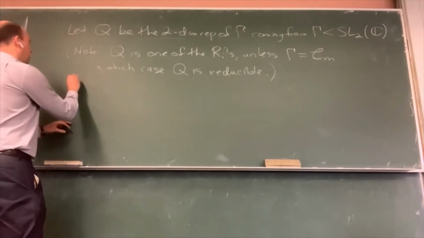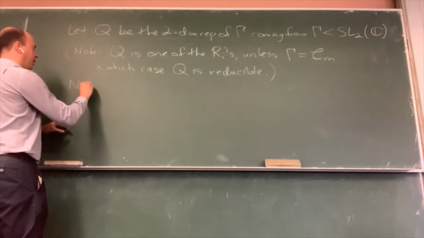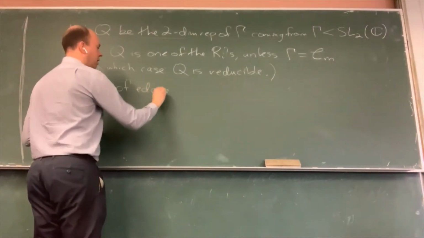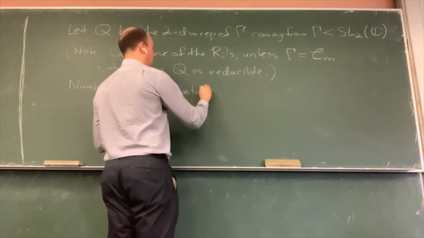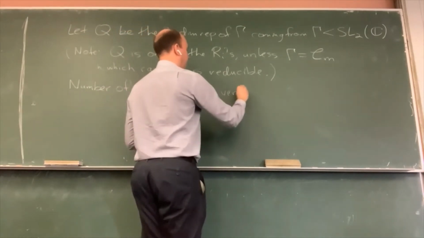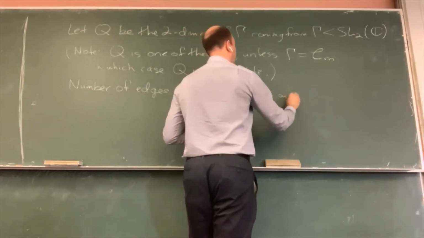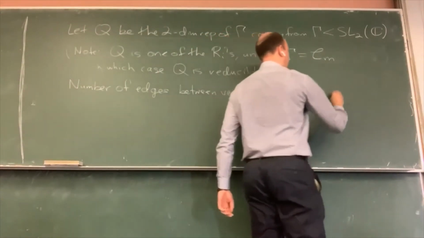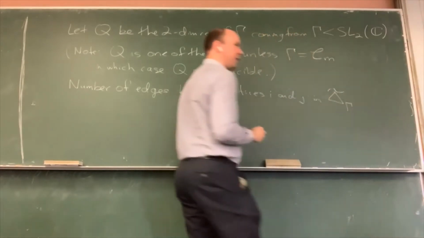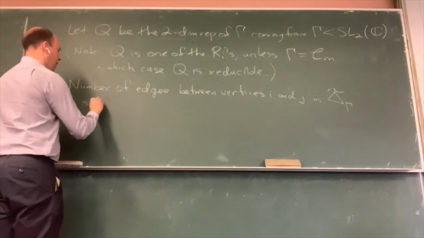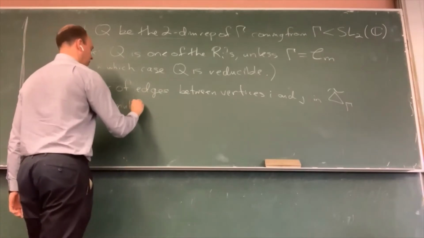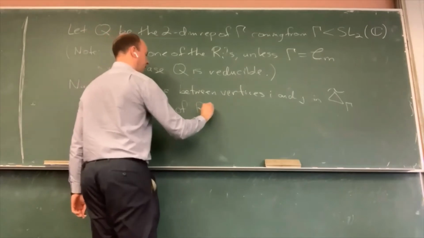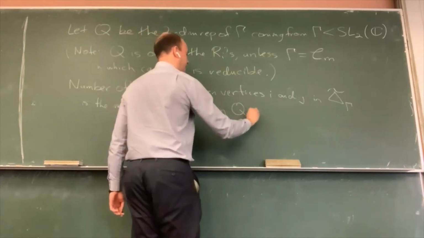So the definition of the McKay graph says that the number of edges between vertices i and j in delta tilde gamma is the multiplicity of Rj in Q tensor Ri.